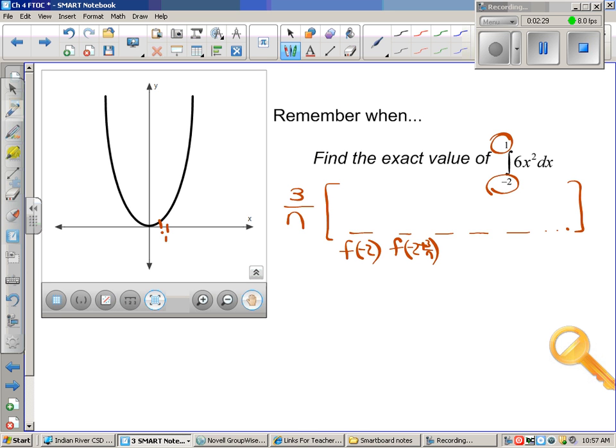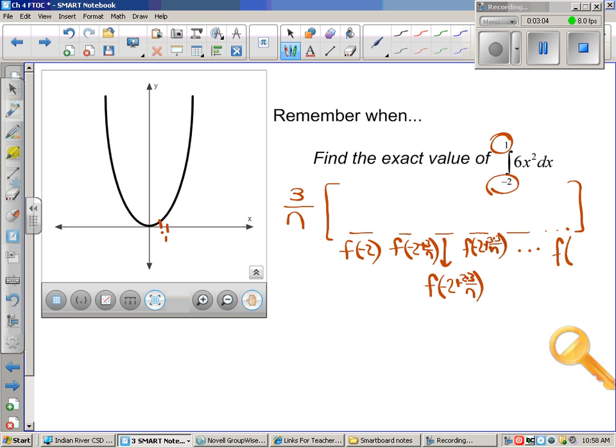Now let's see if we can remember how to form the next spot. -2 plus 2 times 3 over n. Yes. And the next one would be f of -2 plus 3 times 3 over n. And the next one would be f of -2 plus 4 times 3 over n. And how many of those would we do?